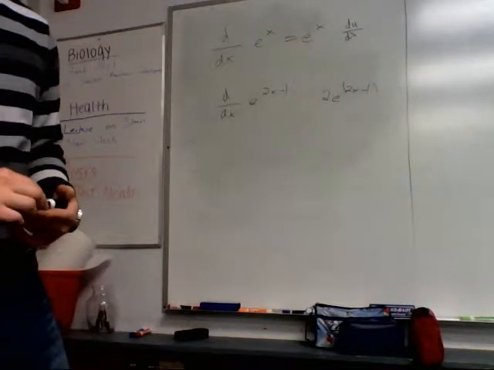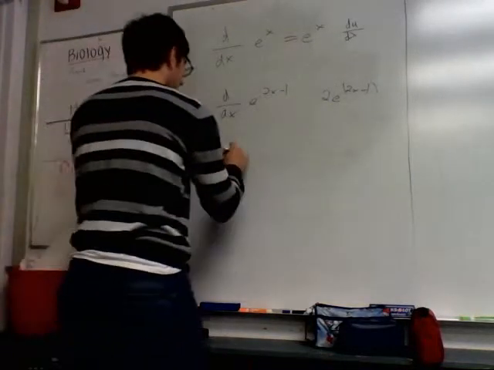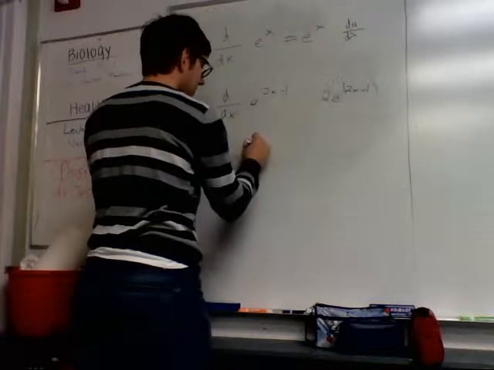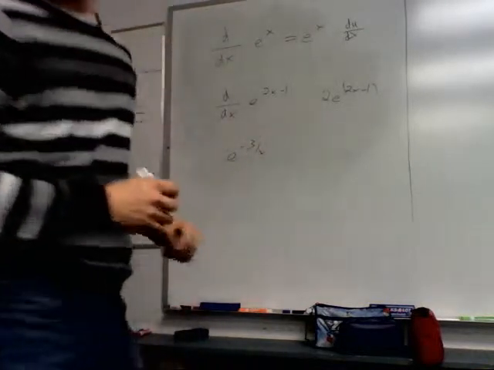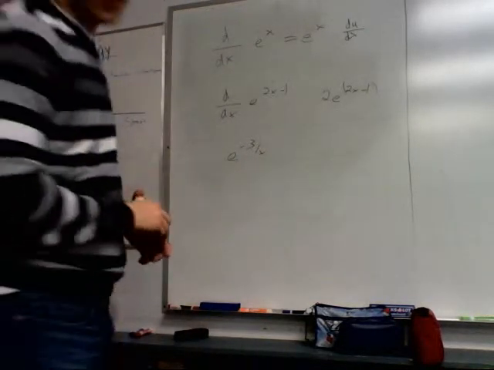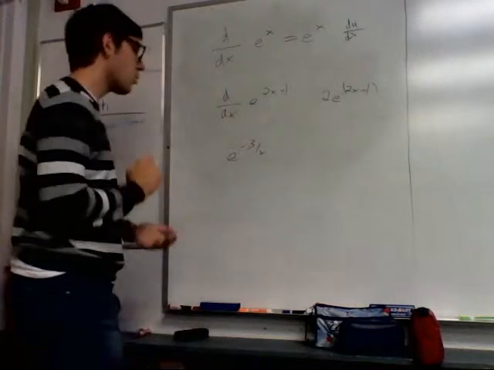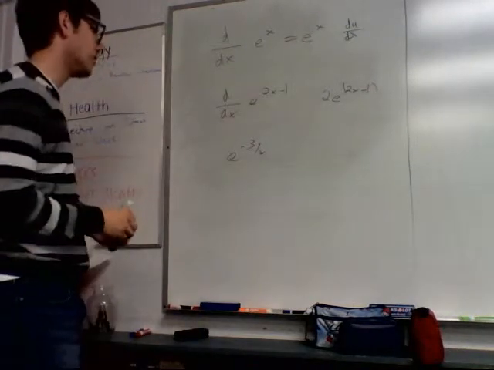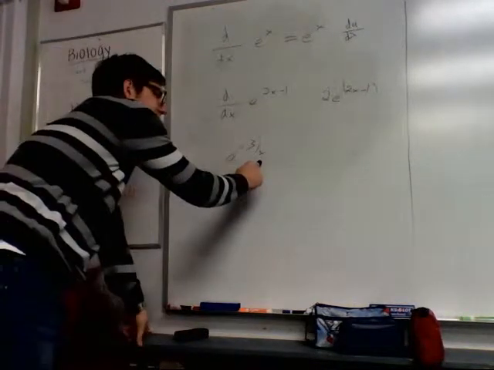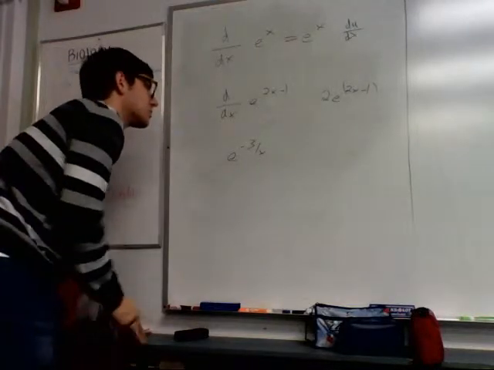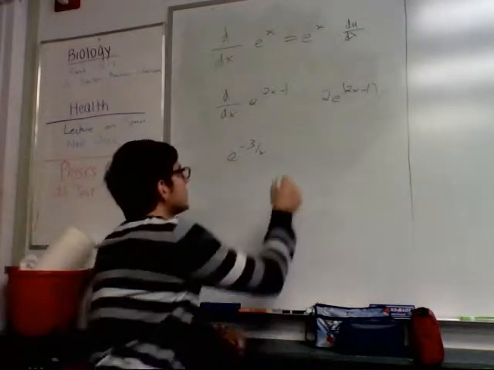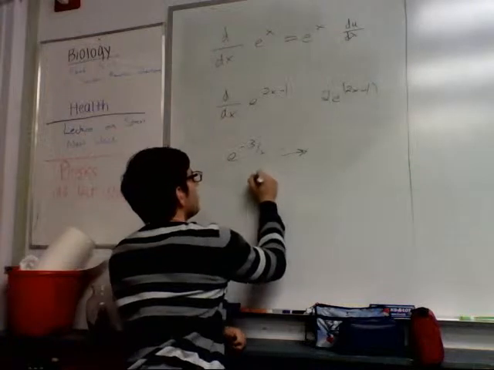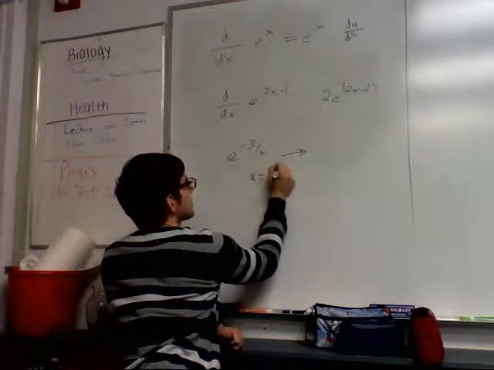Continuing on, we have a little bit more complicated one, e to the minus 3 over x. Yes, indeed. Okay, so what is our derivative? Well, we know it's x to the minus 1, so we subtract, and we get, well, let me write it out. u equals minus 3 over x.